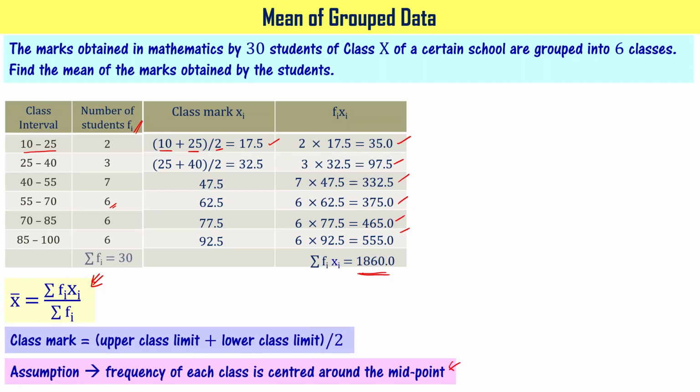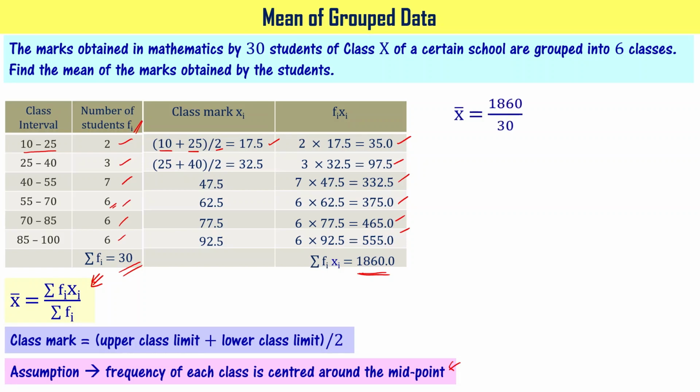And sigma fi is 30 because you have anyway 30 students. But it is always better to sum all these numbers and see whether you are getting 30 or not. If you are not getting 30, it means you have made some mistake. So you have to verify or cross check again, right? Now we have sigma fi xi that is 1860 and sigma fi that is equal to 30.